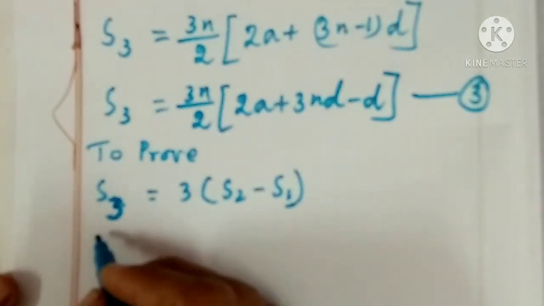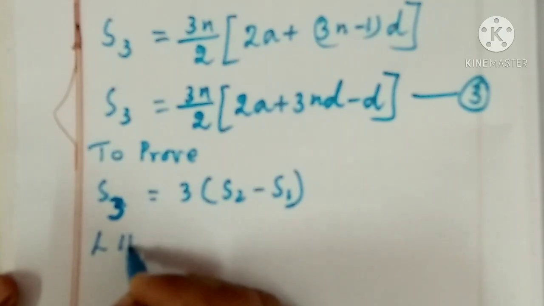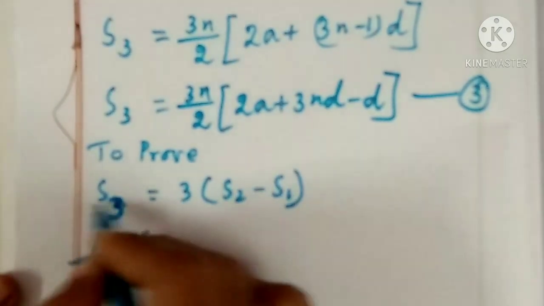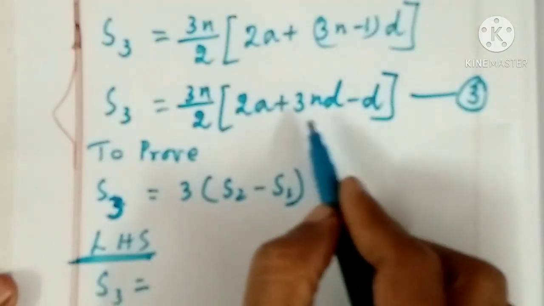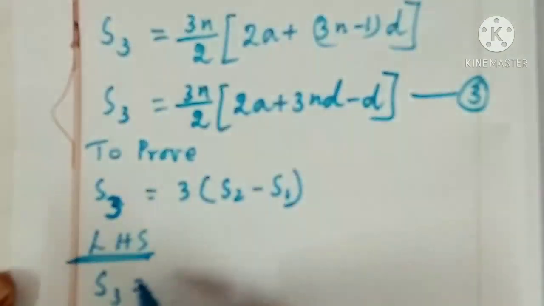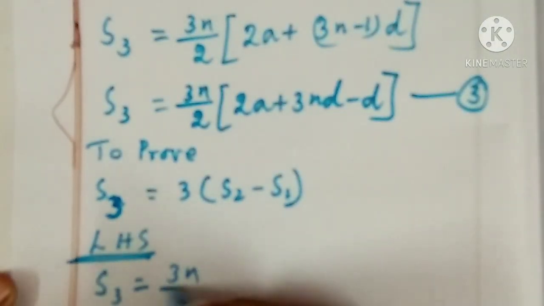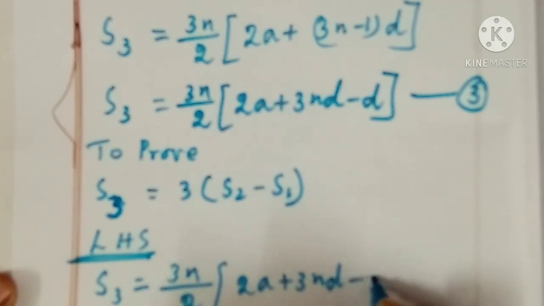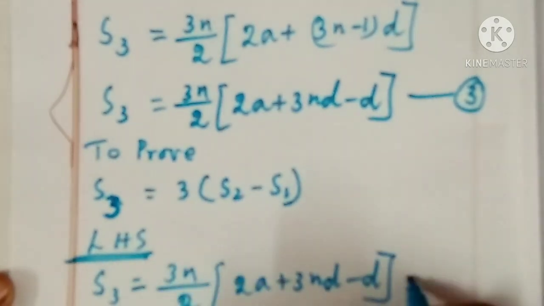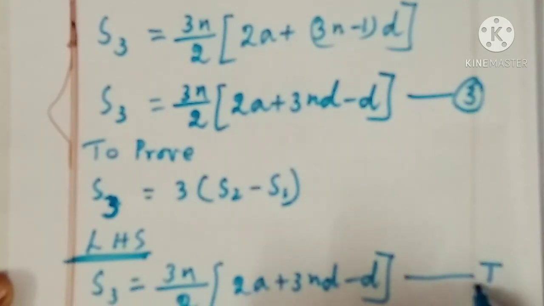First you write the left hand side. LHS S3 is equal to, write this third equation, that is 3n/2 into (2a plus 3nd minus d). This one you take as the left hand side answer. Next you take the right hand side, that is RHS.